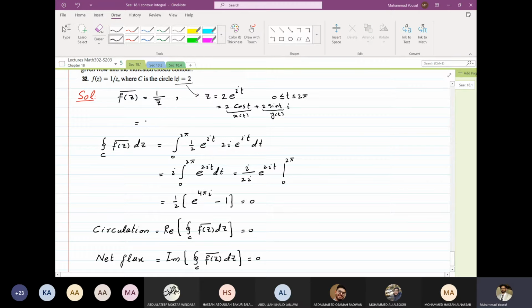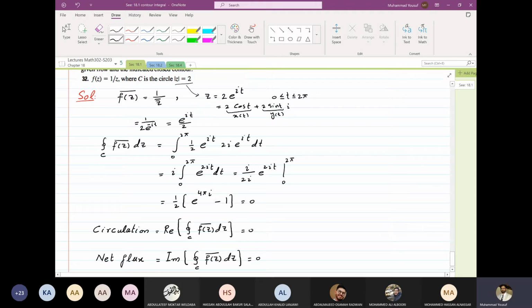So this is equal to 1 over 2 e power negative it. By taking the conjugate, I replaced i by negative i. So then e power negative it will go up, and become e power it divided by 2.